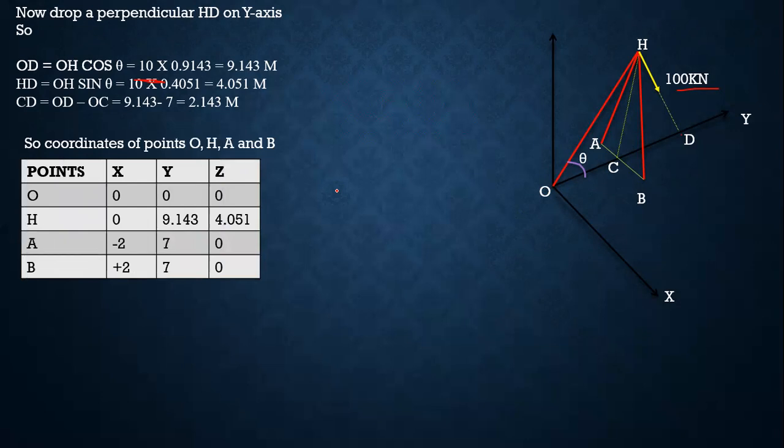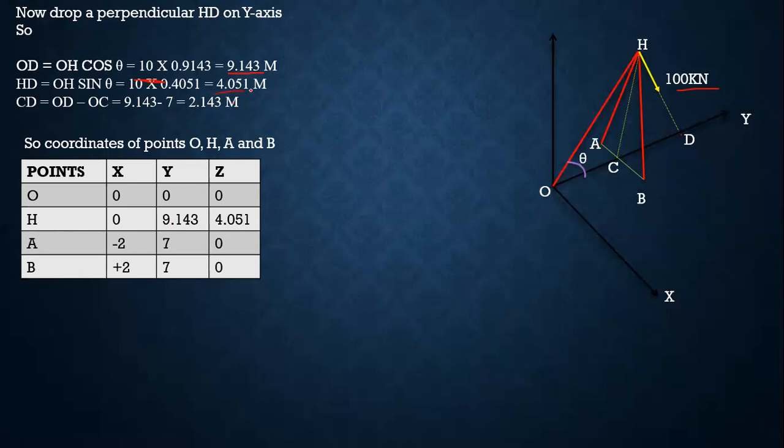Now we have to find all the coordinates of the points, or the junctions: the coordinates of points O, H, A and B. So point O will be 0, 0, 0. For H, OD will be 9.143 in the Y direction.